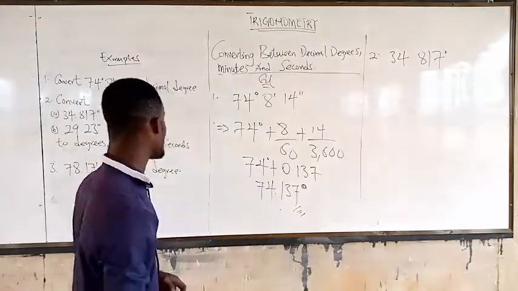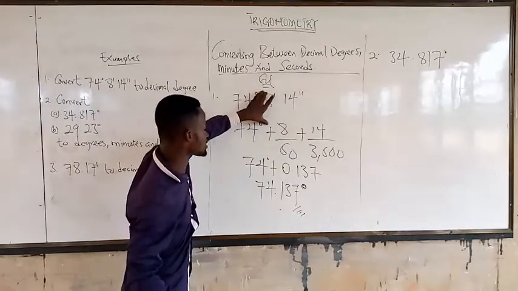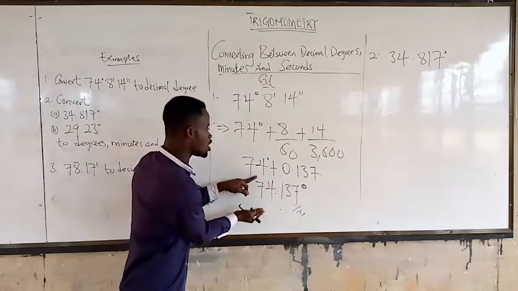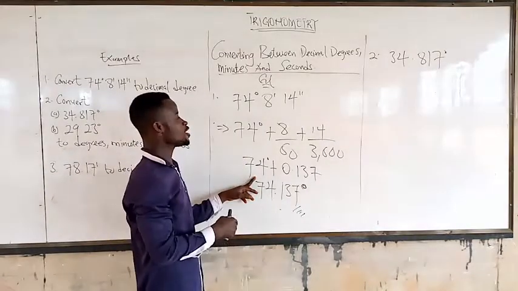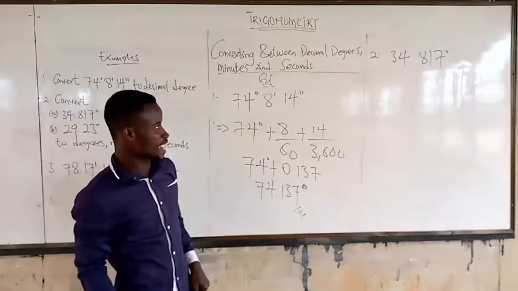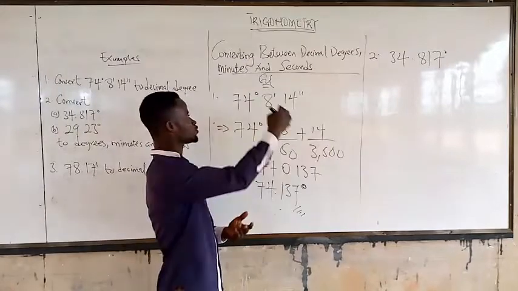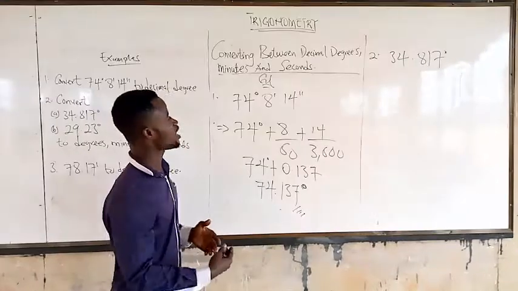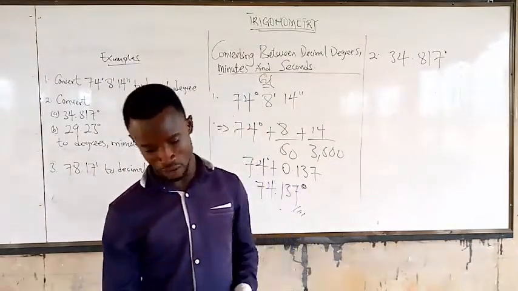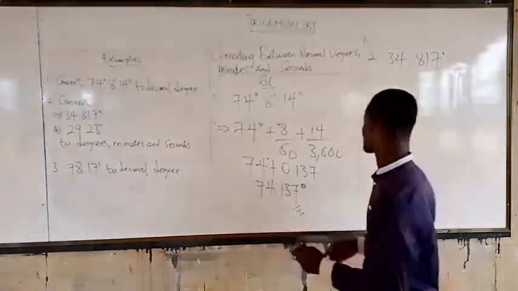Now remember, with this question, we move from this side to this. In another way, we can also move from here to this. If you can move from here to the other end, then you can move from the other end to this side. So we have been given this one, and we have to go back to get degrees, minutes, and what? Seconds. So straightforward. Let's see how we are going to do that, and you will love it. Trust me. Let's move on.